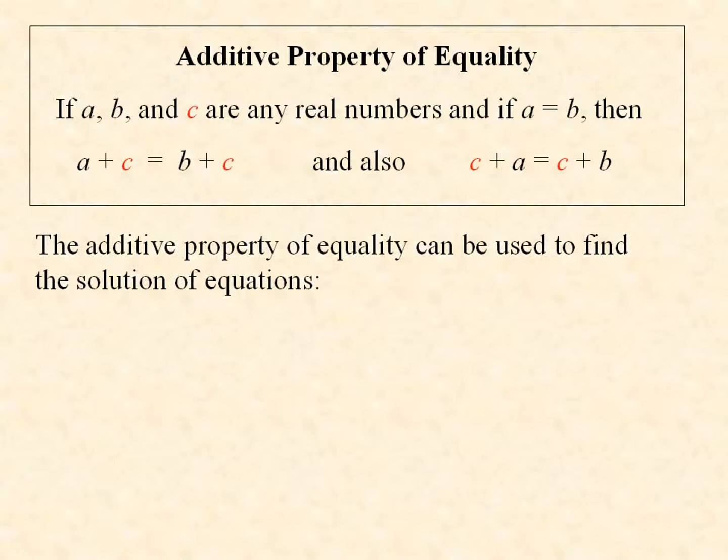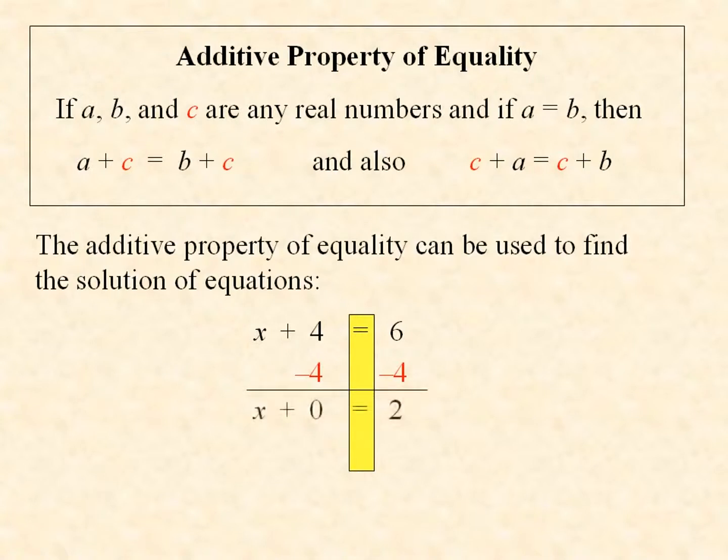The additive property of equality can be used to find the solution of equations. For example, if our equation is x plus 4 equals 6, the equal sign separates it into two sides, the left side and the right side. We can get rid of the 4 on the left side if we add negative 4, but then we must also add negative 4 to the right side.